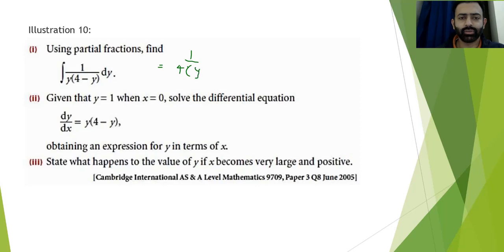So it is 1 upon 4y. And then if I put y equal to 4, again I will get 1 upon 4, 4 minus y. Okay. Now I can integrate these.